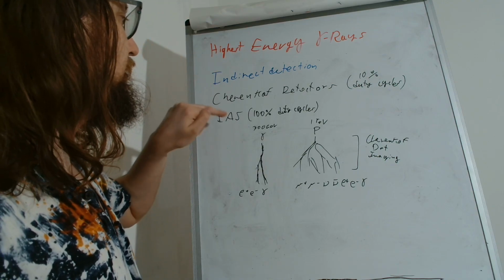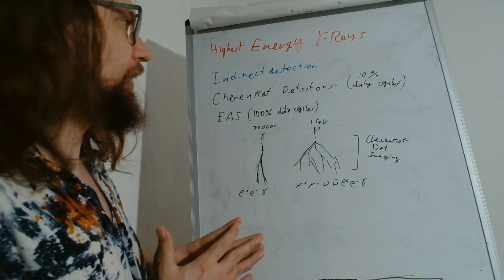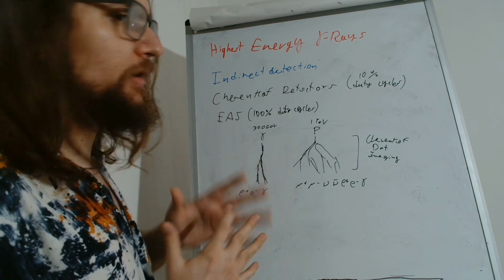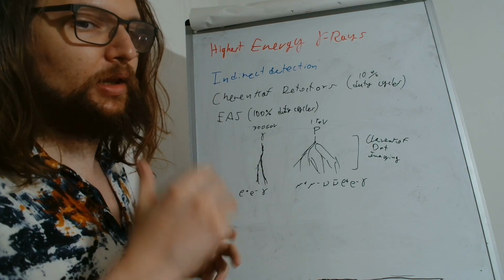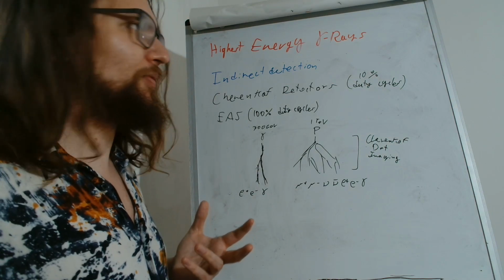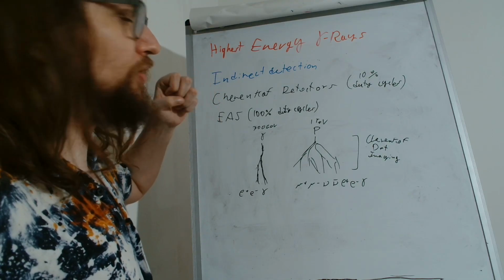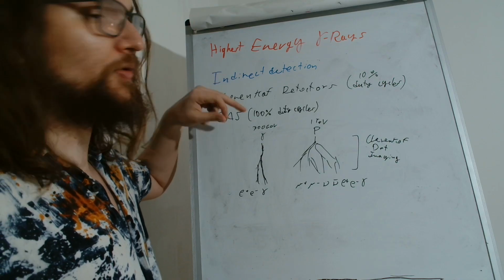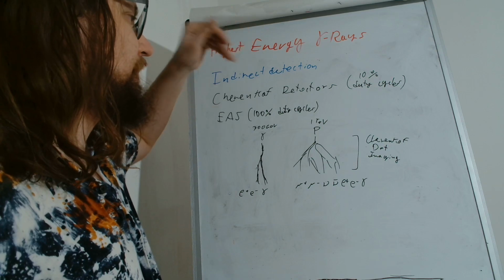Instead, the extensive air shower method has a 100% duty cycle, but the results depend on the assumptions you made in the simulations used to reconstruct the initial gamma ray.